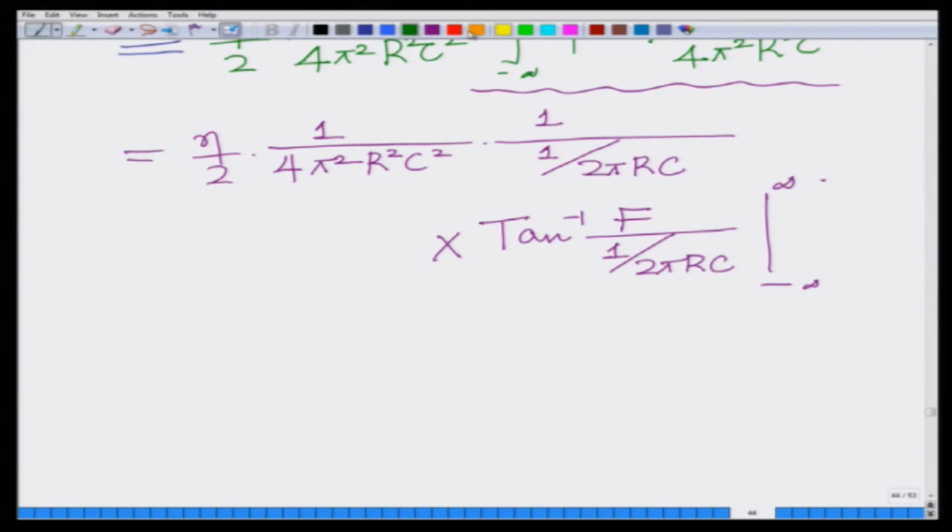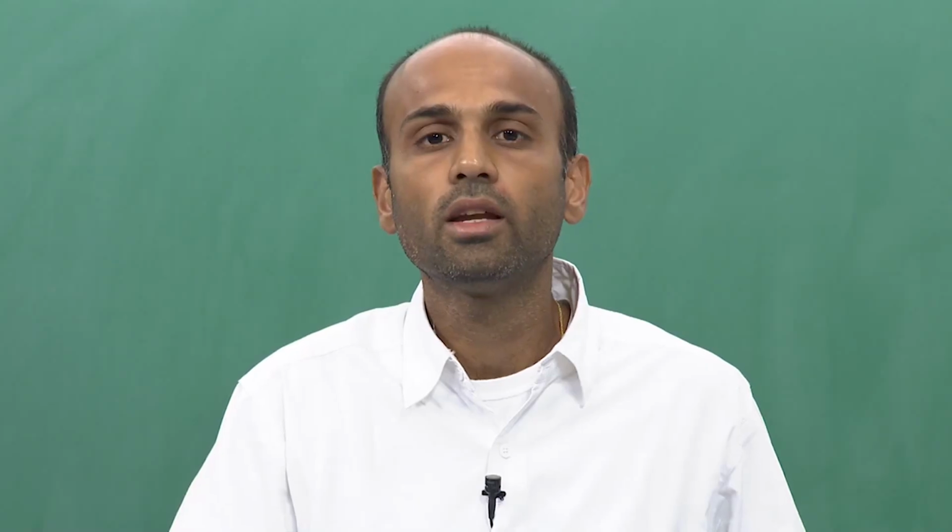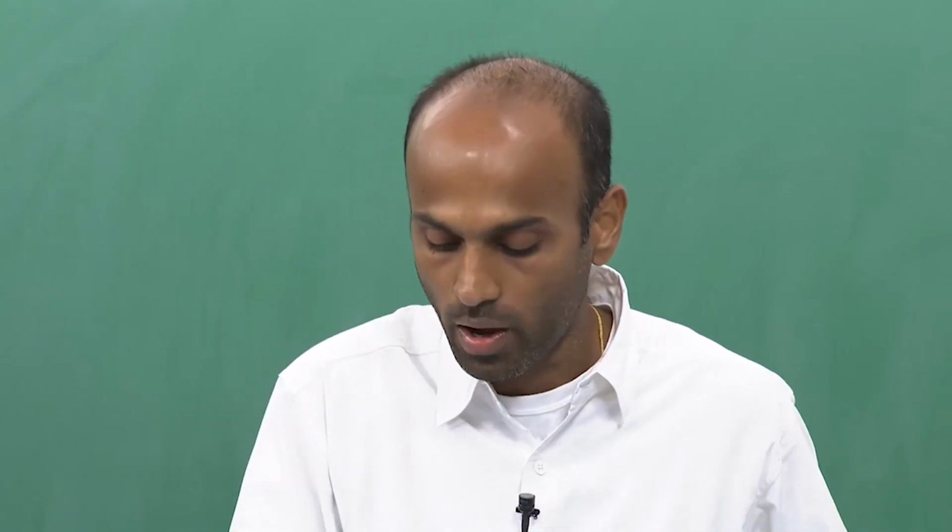Now if I simplify this further, what we have is eta over 2 times 1 over 4 pi square R square C square times 2 pi R C, and evaluating, tan inverse of infinity is pi by 2, tan inverse of minus infinity is minus pi by 2. So, I have pi by 2 minus minus pi by 2, that is pi.